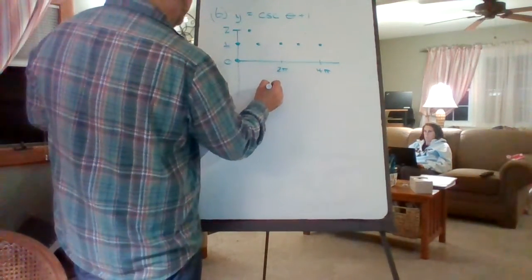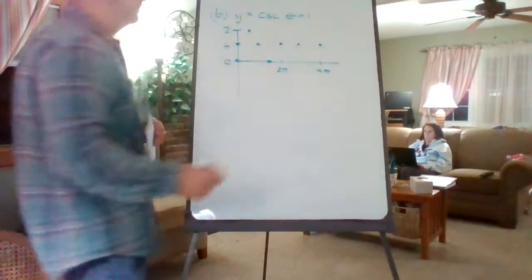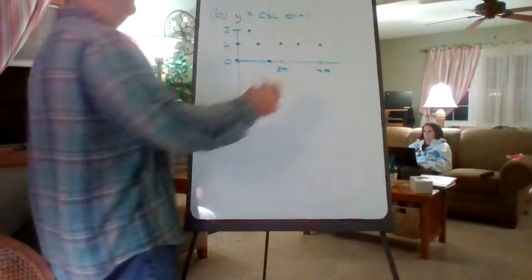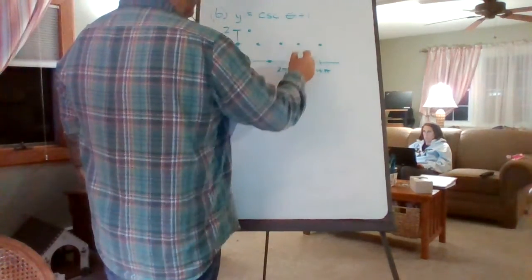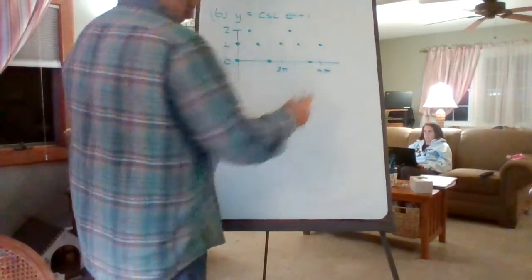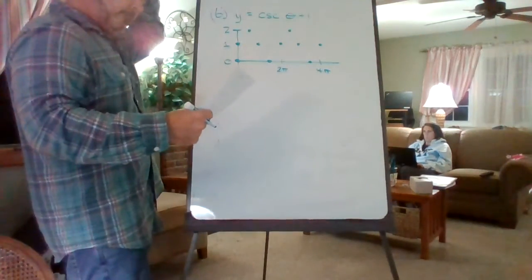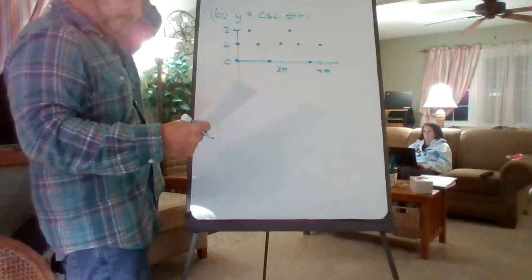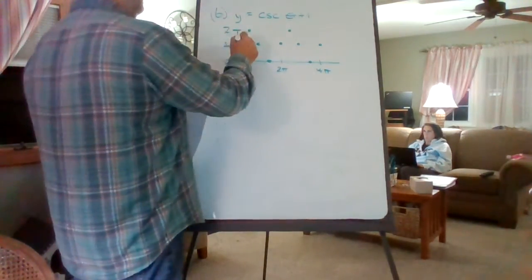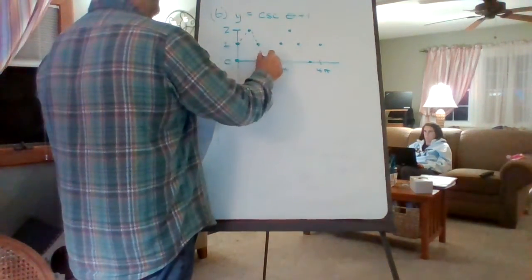Third quarter point minimum at 0 this time because of the shift of 1. This is going to be a maximum too. That's going to be a minimum. Now, basically, ladies and gentlemen, there's my sine graph.